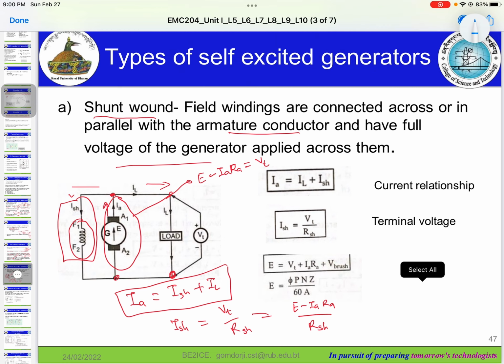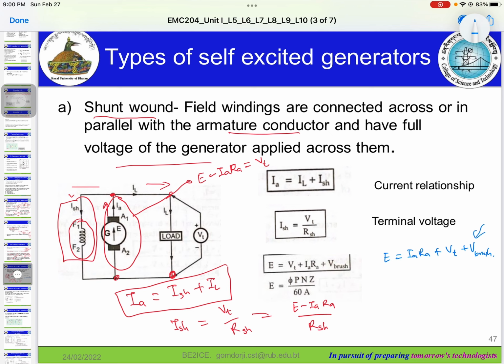Similarly, if you want to calculate the total induced EMF in this kind of shunt wound generator, the induced EMF will be equal to the voltage drop at the armature side, plus the voltage supplied to the terminal at the load, plus the brush drop. The brush drop is very small for a highly rated generator, so it is negligible compared to the terminal voltage and we can avoid it, but for a small generator we have to take it into consideration.